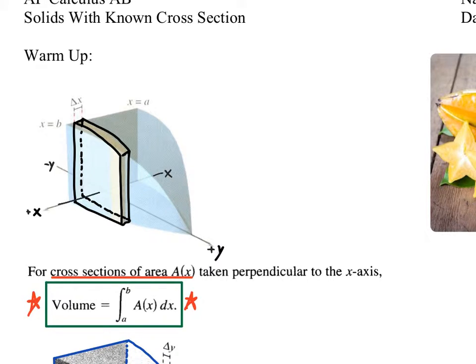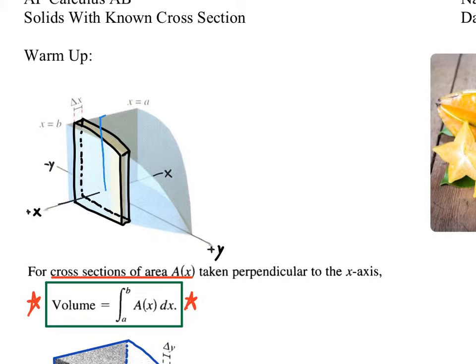If we have a three-dimensional object that's constructed in this way, the volume of that is going to be the integral from a to b of A of x dx. That A of x is the area of our cross-section, but recognize that depending on what x value you're using, that cross-section is going to be a different size.